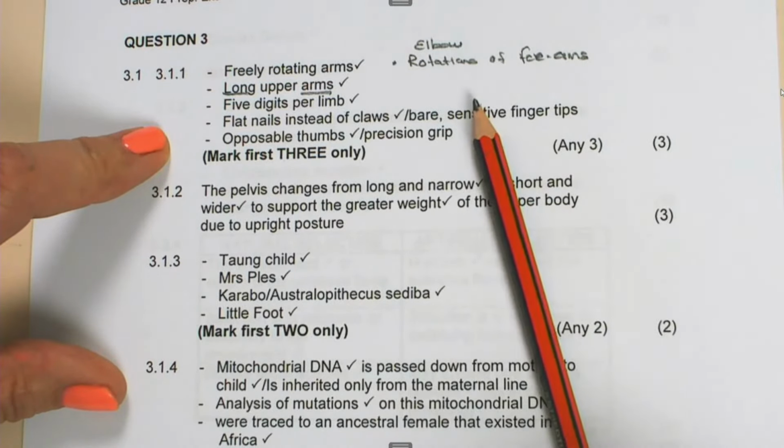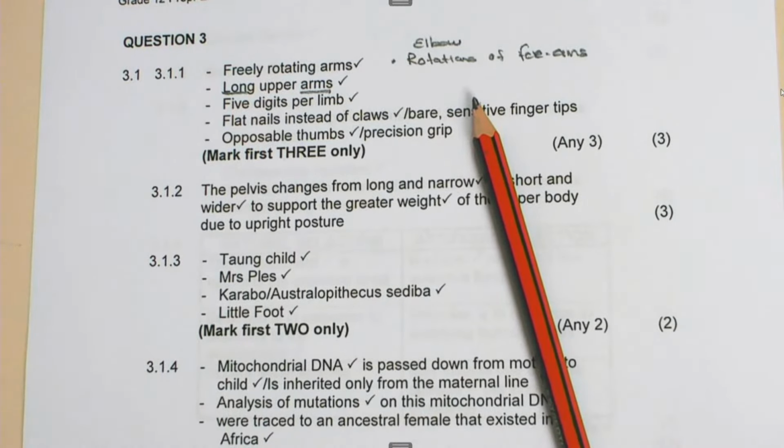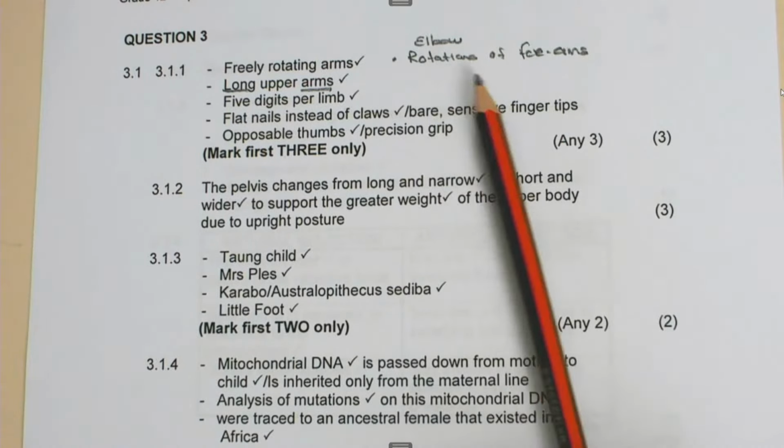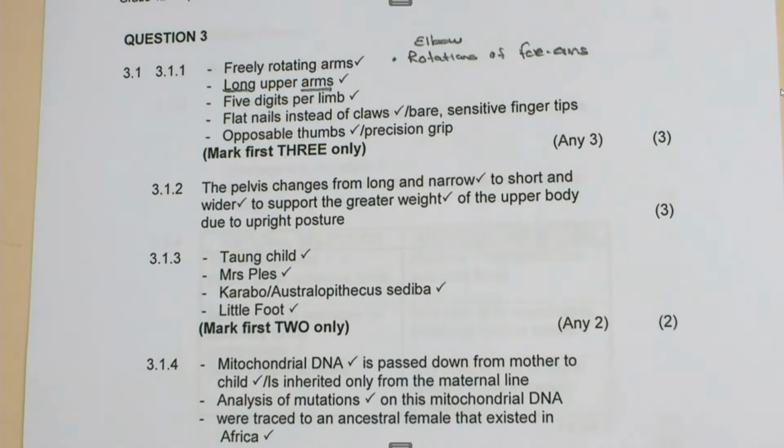In Afrikaans we could also say, dit besit ellembooggewrigte wat die voorarm kan laat roteer. Elbow, it allows elbow rotation so that the forearms can rotate. So you can add that one also there.